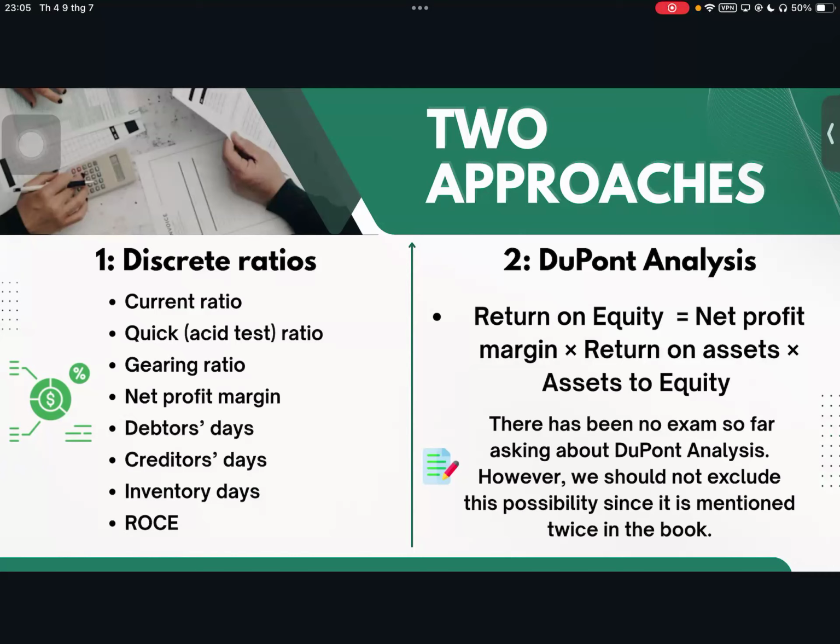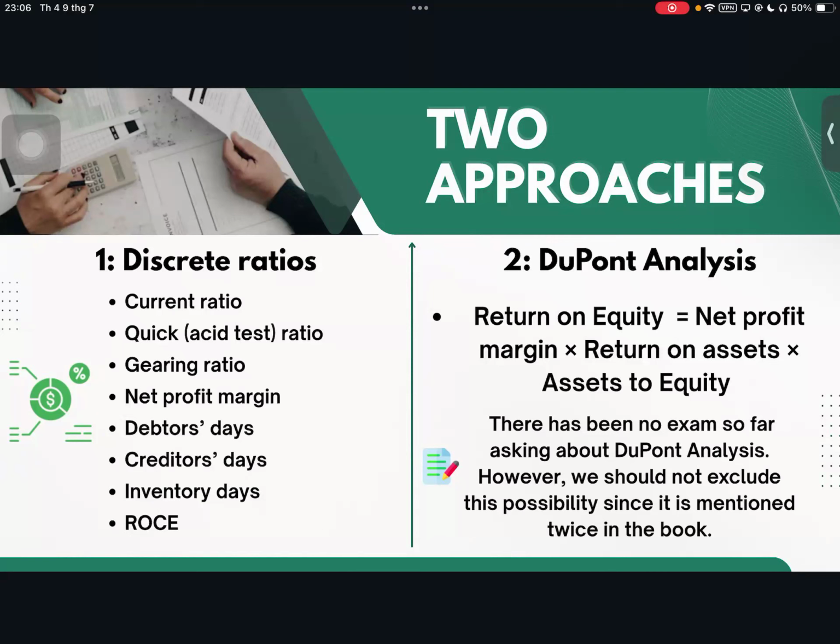On the other hand, we have another way to analyze with more systematic and with fewer ratios. This is known as DuPont analysis. This measures the return on equity by taking net profit divided by equity.